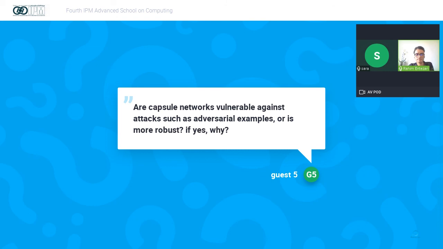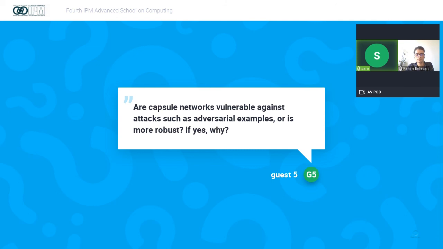In our EM capsule paper, we had some preliminary adversarial robustness experiments against typical attacks like FGSM and, I think, PGD, the first two easiest ones. It seems that, at least when we tested, capsule networks are more robust, especially to white box attacks, the attacks that use the gradient of the network.